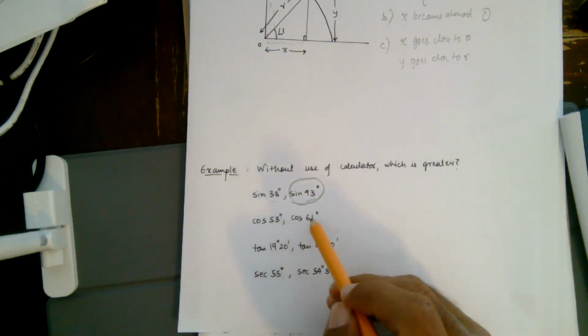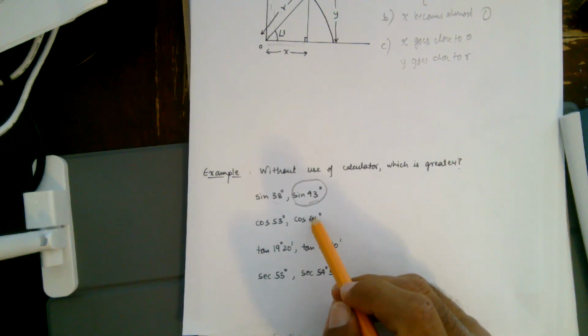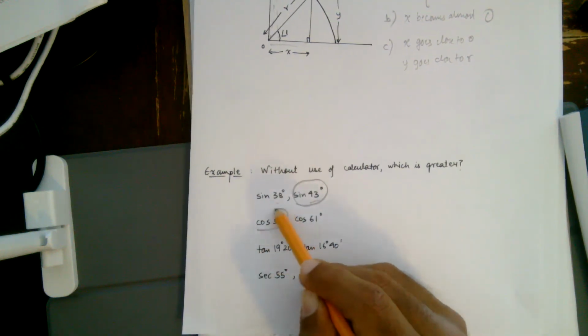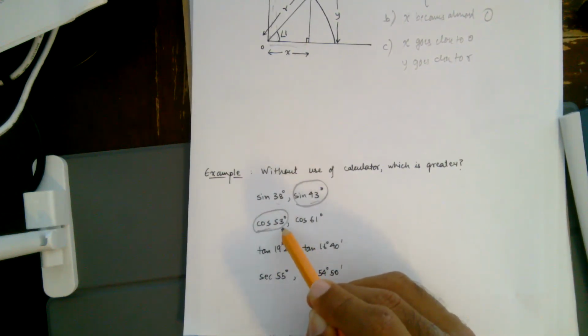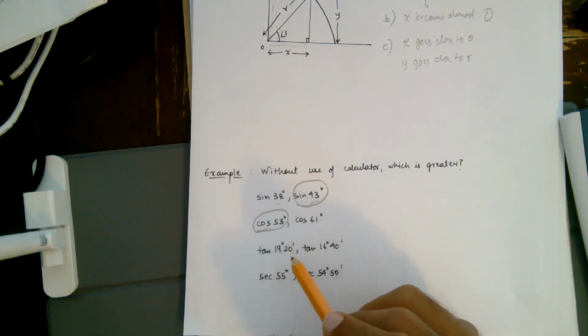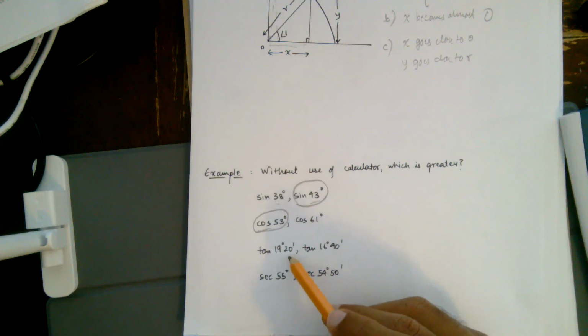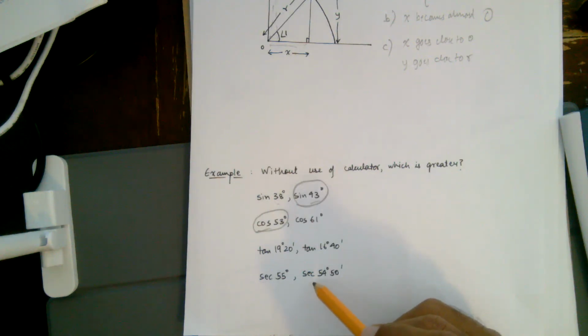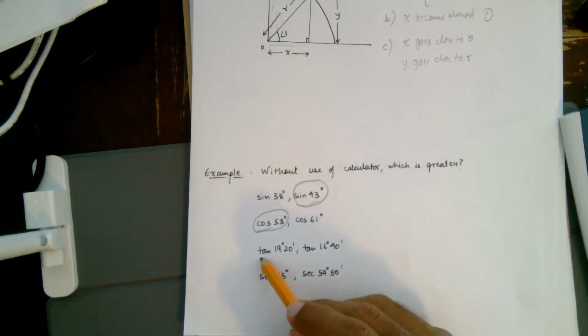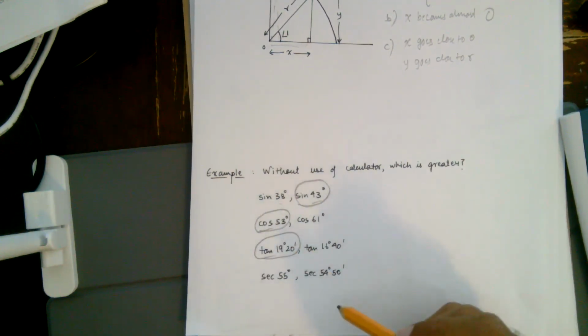But for cosine, when the angle increases, the value decreases, which means cosine of the smaller value will be greater. Tangent and secant, based on how you filled out the previous page, you can answer this question. Now for tangent as well, as angle increases, the value increases, so this is going to be larger.